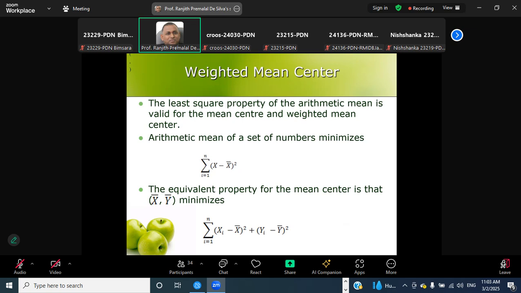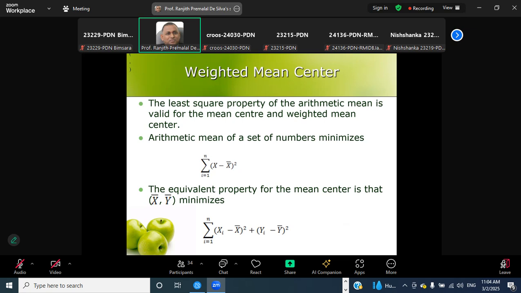The same property is valid for x bar, y bar, the mean center. The least square property says that the sum of (xi minus x bar) squared, the squared x deviation, plus (yi minus y bar) squared, the squared y deviation, is minimum when you calculate the weighted mean center.